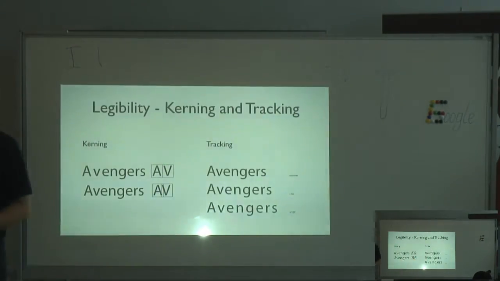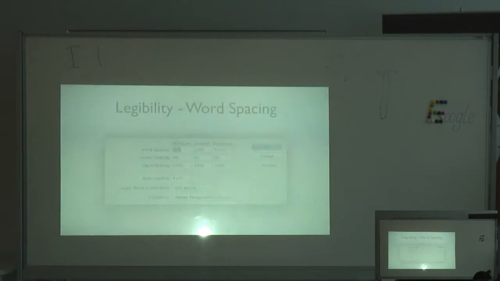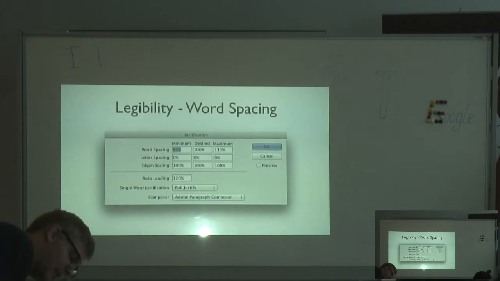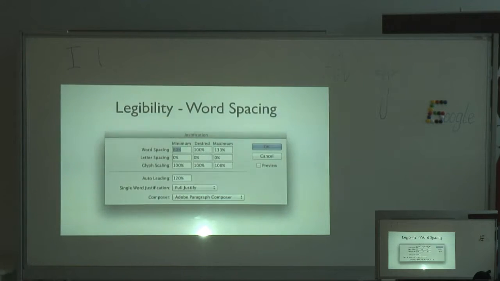Again, there's something to play with. The next step up is word spacing. If you use something like InDesign, the default values set for this are usually pretty good. So unless you want to do it for a particular purpose, leave it as it is. But sometimes you want to change it.